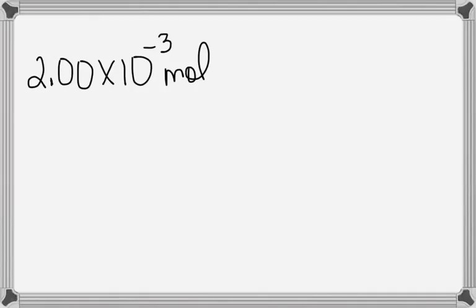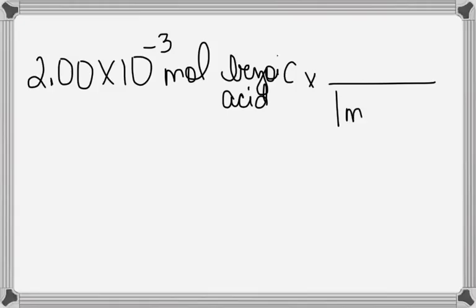So we have 2.00, I'm switching to scientific notation, 2.00 times 10 to the minus 3 moles of benzoic acid. That is the same as 0.002 moles that I had on the previous slide. And I know that a mole of benzoic acid, I'm going to label it B acid, I know that the molar mass of benzoic acid is 122.12.